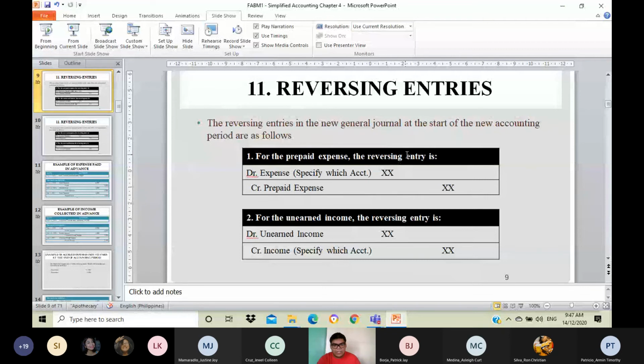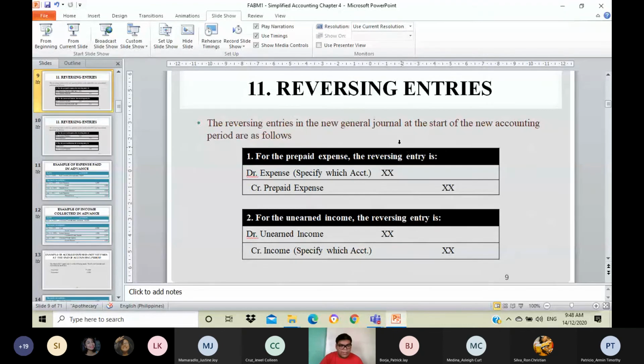So, this expense and advertising expenses are recognized as expense in the new period. So, yung mga expenses naman, yung prepaid, sara mo. Pero yung expenses, tuloy pa rin siya.